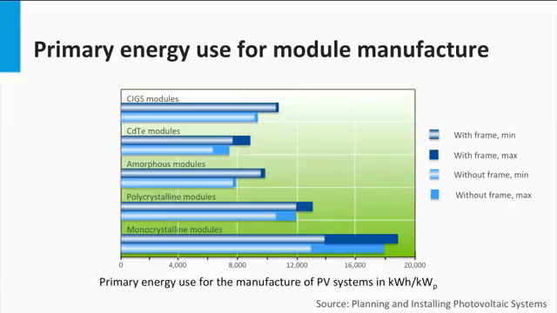Let's take a look at some of the PV technologies and how they fare in terms of the amount of energy required in their manufacturing. As there can be a considerable variance in the manufacturing processes, the graph shows the range of primary energy use for PV module manufacturing.